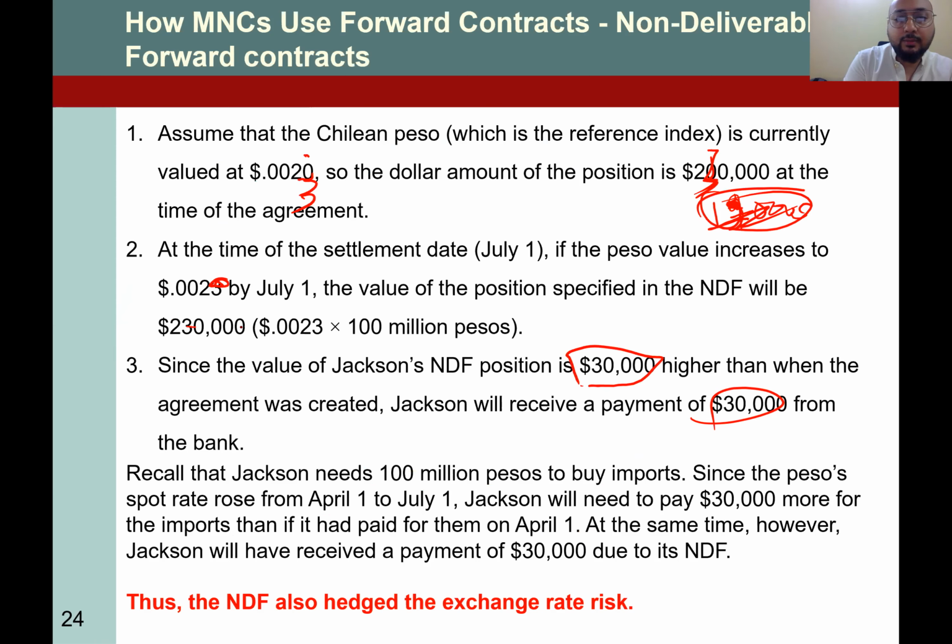If you convert here, it would be 200,000. So a 30,000 loss is there. So from your own pocket, 230,000 will be a cash outflow. 30,000 will go to the bank. 200,000 will go to the open market to buy 100 million pesos.